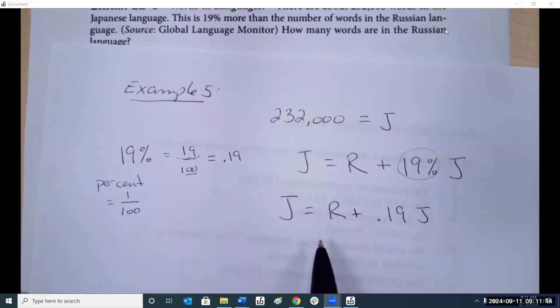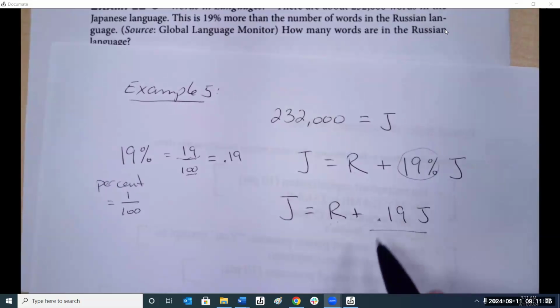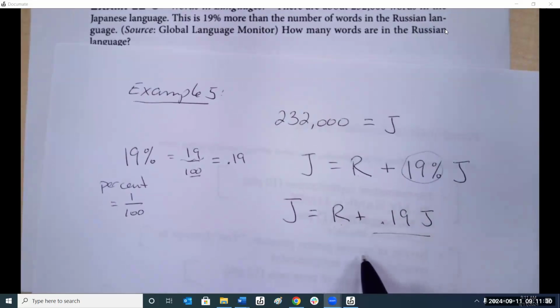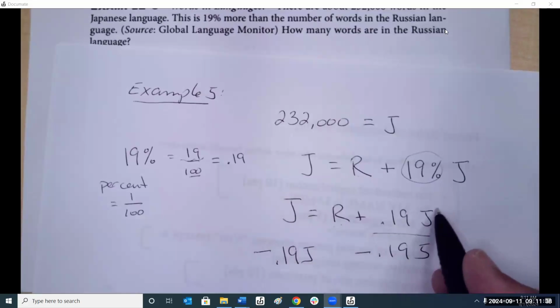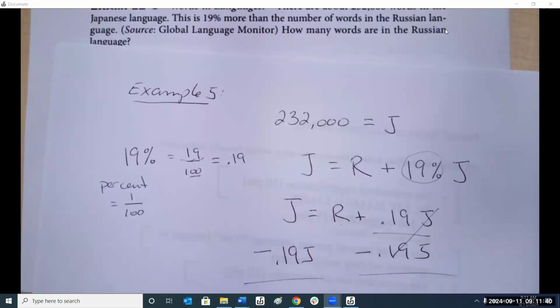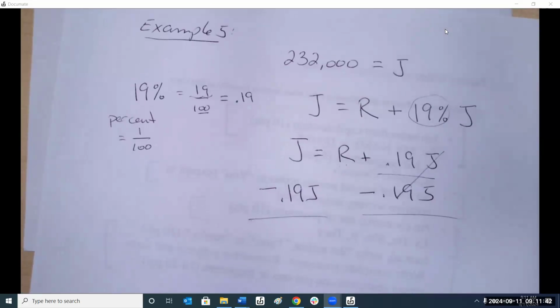What do you have to get rid of to get R by itself? The 0.19J. I mean, it's nothing hiding there. It's just there. How do you get rid of the 0.19J? Because it's plus, I got to subtract 0.19J from both sides. You're trying to read way too much into it.